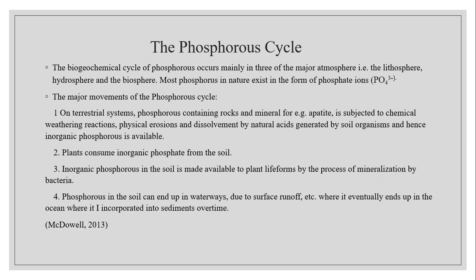So the major movements of the phosphorus cycle on terrestrial systems are: 1, phosphorus-containing rocks and minerals are subjected to chemical weathering. Then number 2, plants consume inorganic phosphate from the soil. 3, inorganic phosphorus in the soil is made available to plant life forms. And 4, phosphorus in the soil can end up in the waterways due to runoff. Now I'll go into depth with this.